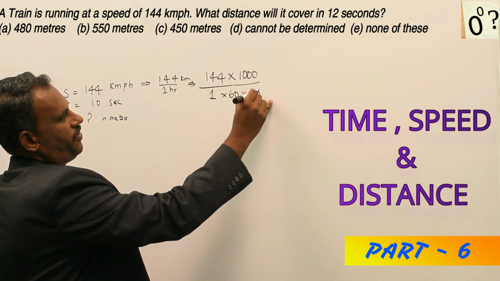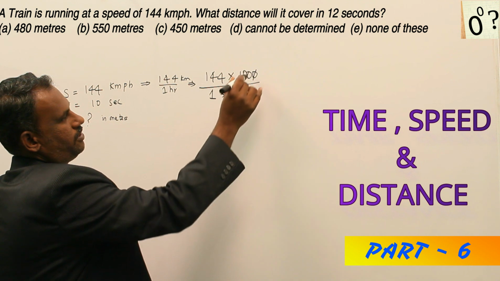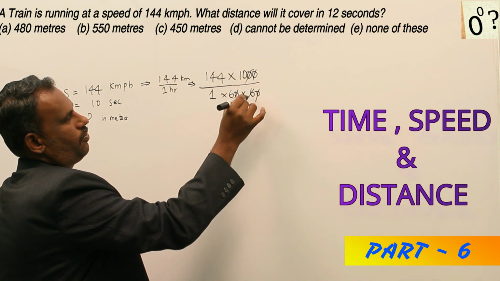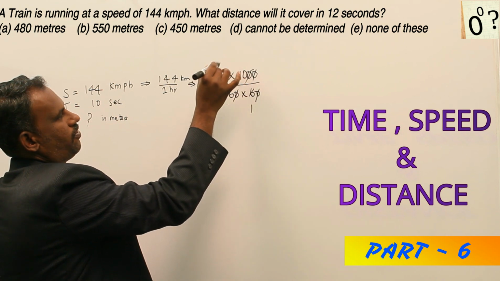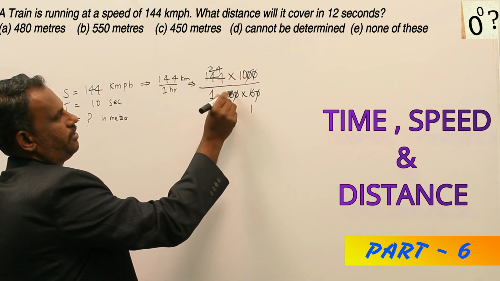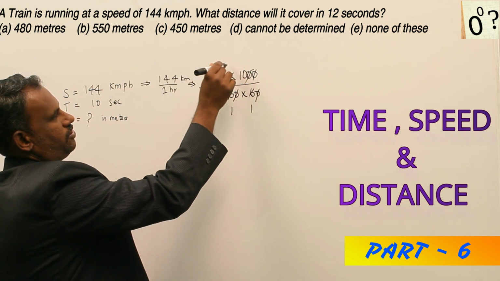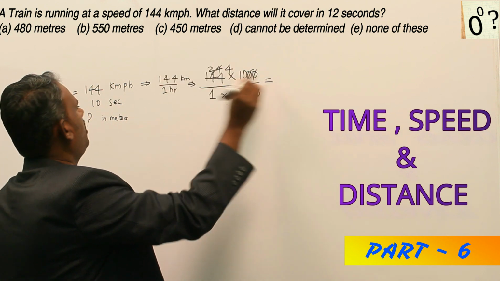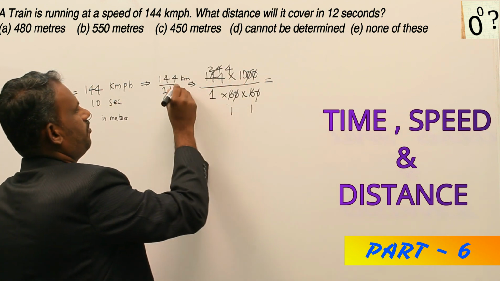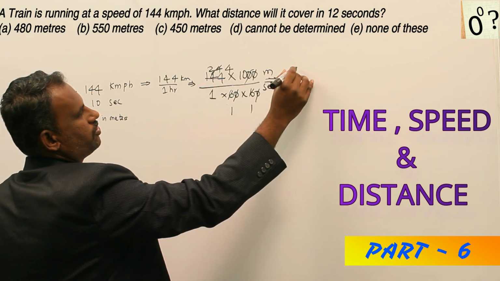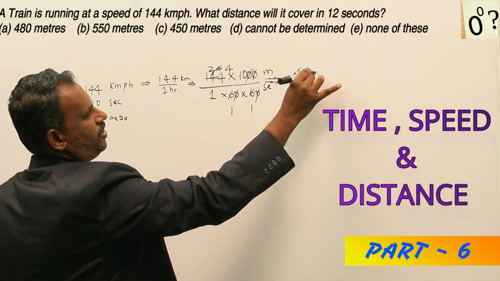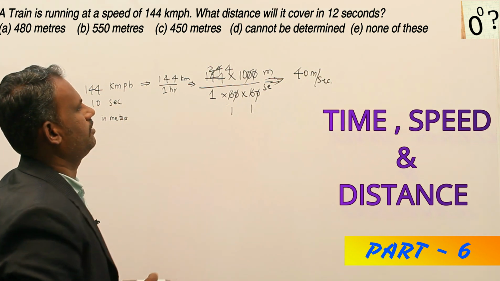Simplify this one: 6 strikes out, 2 sixes are 12, 4 sixes are 24. So we got the speed in meter per second equal to 40 meter per second.